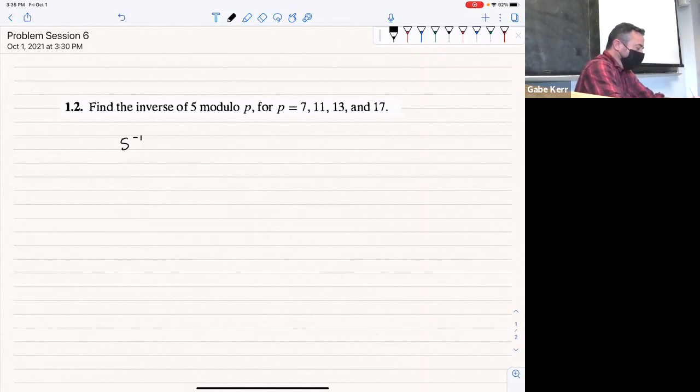Okay, so let's go mod 7. 5 inverse mod 7. I don't know. What do you think? Well, according to the book. Well, okay, come on, let's not read the book. What were you gonna say?